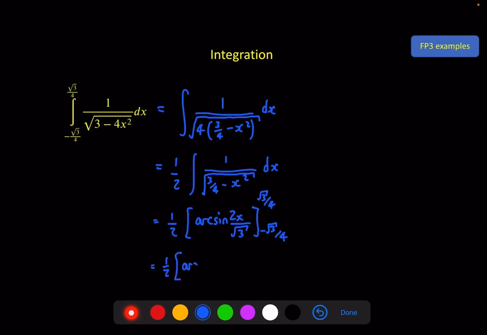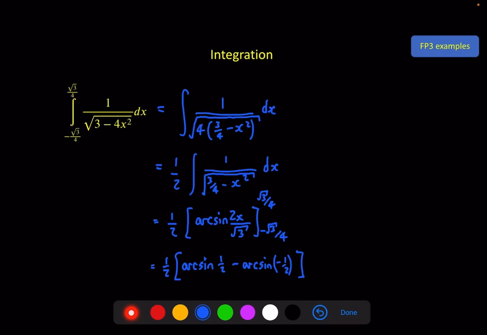So we've got arc sine of 2 times root 3 over 4 root 3. So the root 3's will cancel, and that will just be a half. And this one will be minus a half. So don't forget we're in radians here.